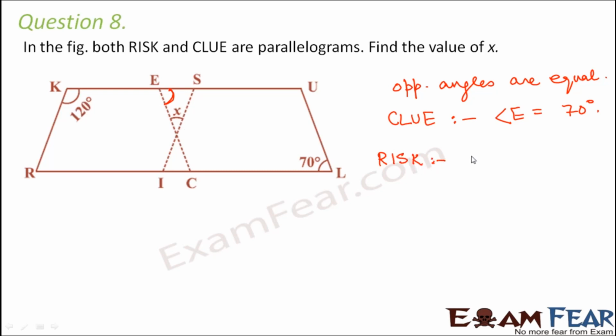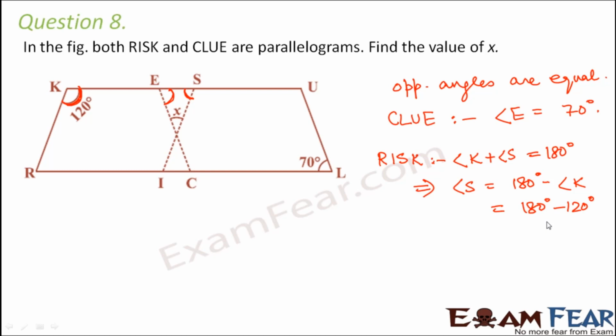In this parallelogram, angle K plus angle S will be equal to 180 degrees, because angle K and angle S are adjacent angles and the sum of adjacent angles is 180 degrees. So angle S will be equal to 180 degrees minus angle K, that is 180 degrees minus 120 degrees, which is equal to 60 degrees.